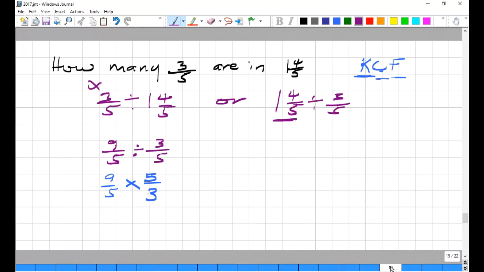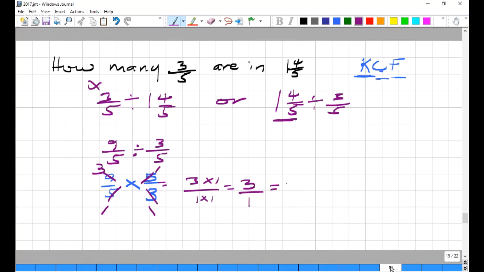So can 3 go into 9? Yes, sir. 3 can go into 3, 1 time, and 3 into 9, 3 times. Can 5 go into 5? Yes, sir, 5 into 5, 1. Numerator by numerator, so 3 times 1 over 1 times 1. 3 over 1.